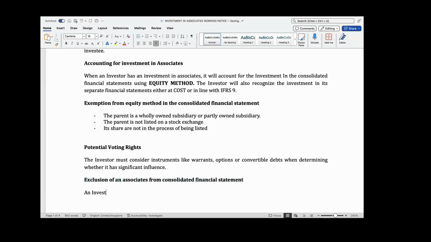An investor must not exclude an associate from consolidated financial statements unless it has lost significant influence. I said subsidiary, I mean associate here. Not control, significant influence.